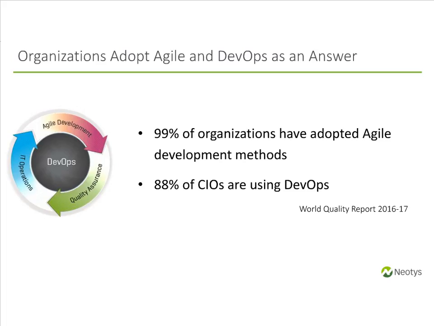The important thing before we get to the explanation of this: I just want to share some reference from the World Quality Report 2016 to 17, where people have been adopting Agile quite heavily the last 6-7 years now.